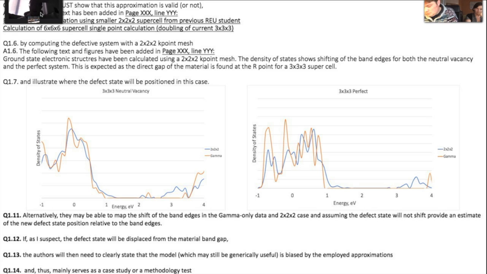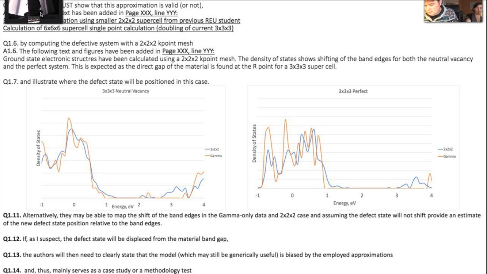The reviewers didn't think the defect state was going to change a whole lot or at all, and it shifts just a little bit. But their main point was they didn't think it would stay within the band gap, which in this case it does. Also, in looking at the perfect system, because we were taking the majority of our calculations at the gamma point, we have a band gap that's much too big relative to the experimental gap.